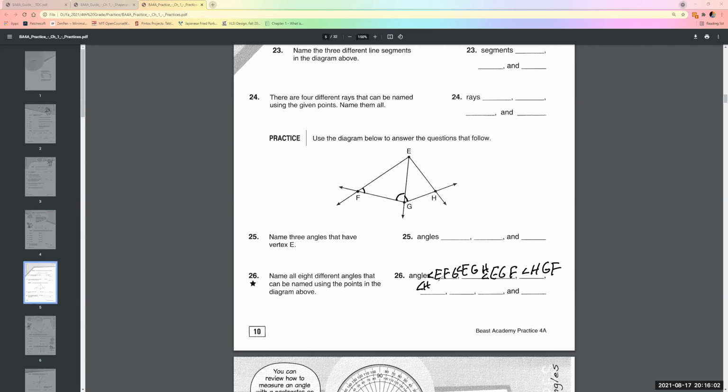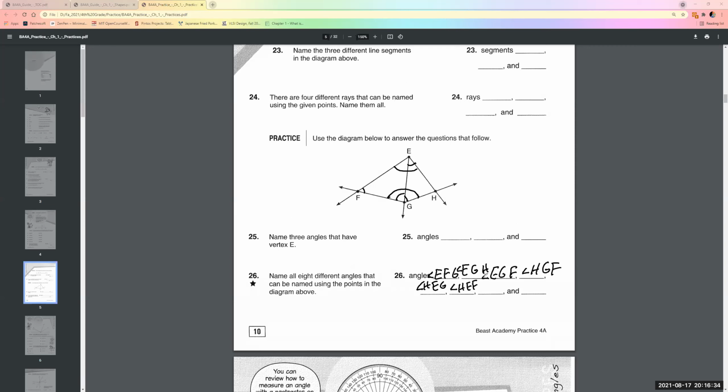Then HEF. Okay, let me draw this. HGF is this big one. HEG is this one. And then you said, what was the next one that I missed? HEF. HEF, yep. That's this big one.